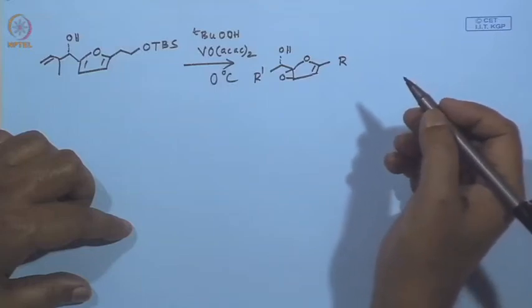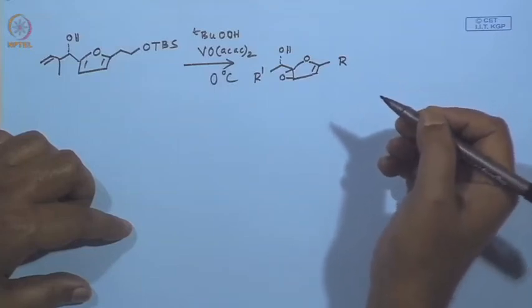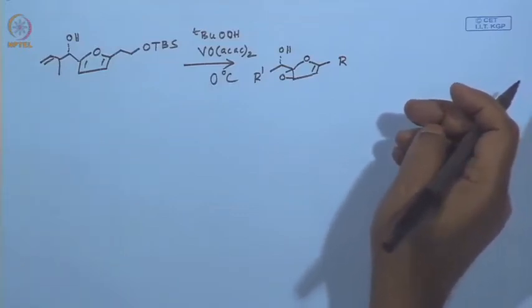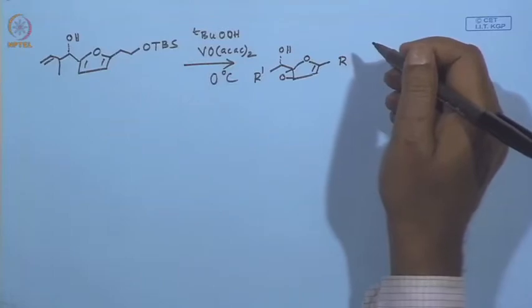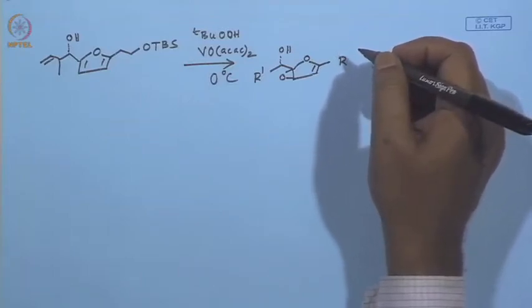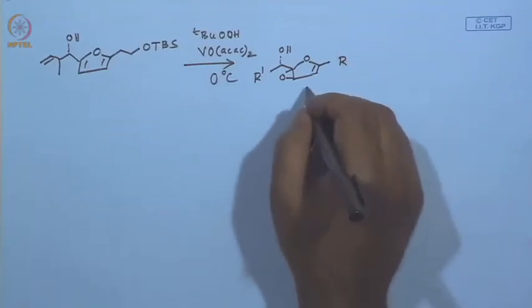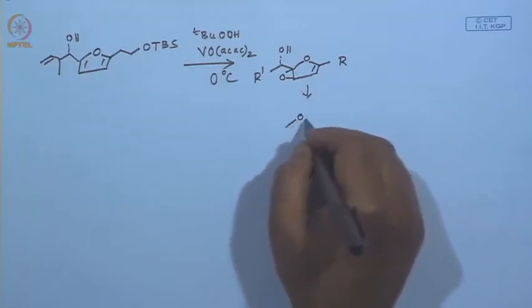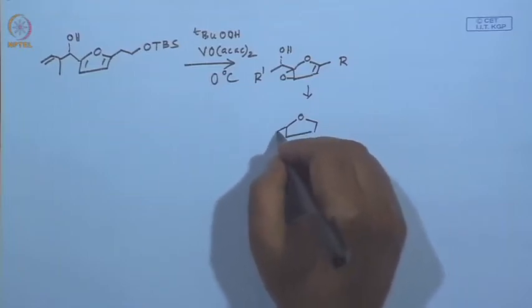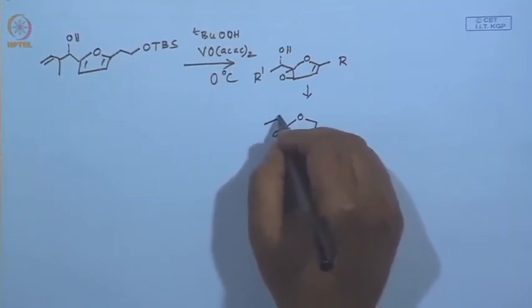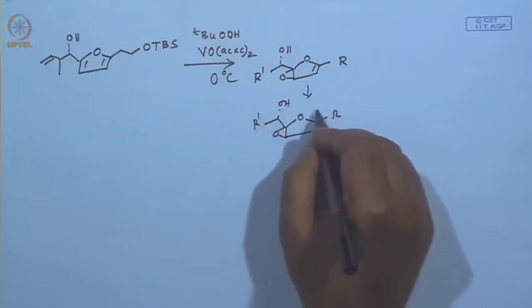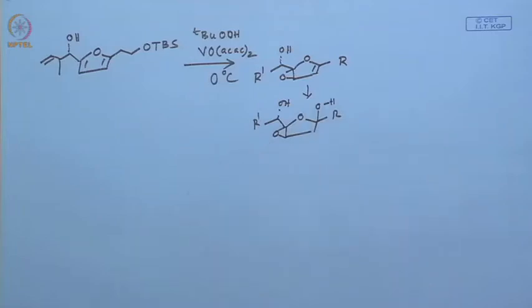What next? Maybe simple hydrolysis, let us say just simple hydrolysis, that means water addition takes place. This is OH and this is R prime and this is R, and this is simply a water addition, let us say, during the reaction.